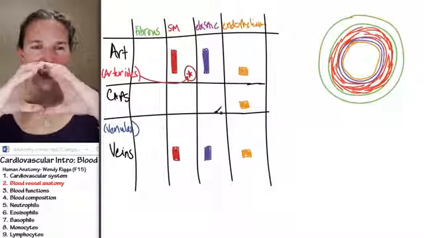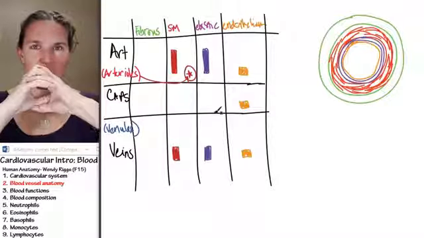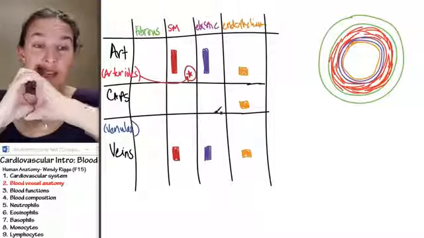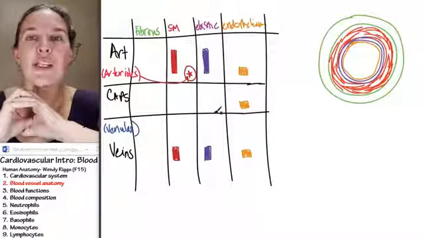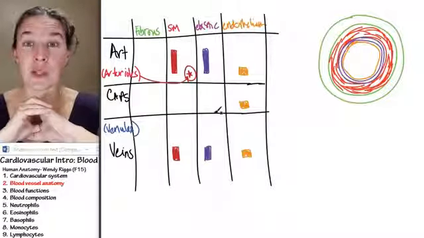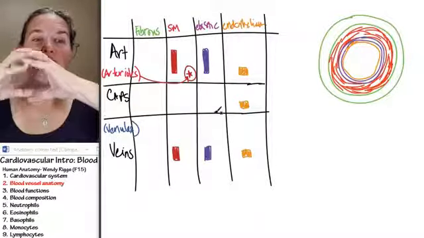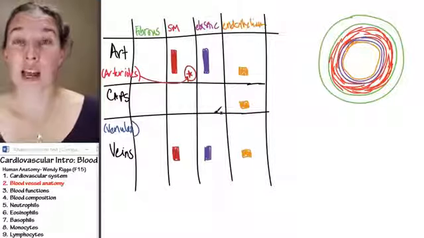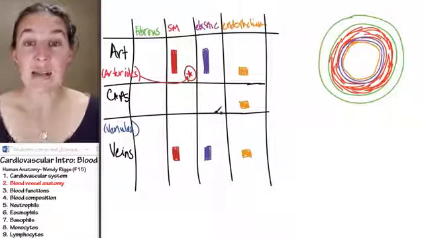What is smooth muscle going to do? Smooth muscle contracting is going to vasoconstrict or decrease the diameter of your blood vessels. If it relaxes, it's going to increase the diameter or vasodilate.